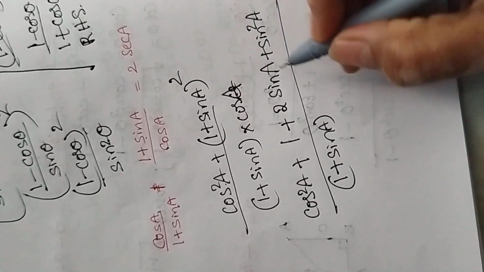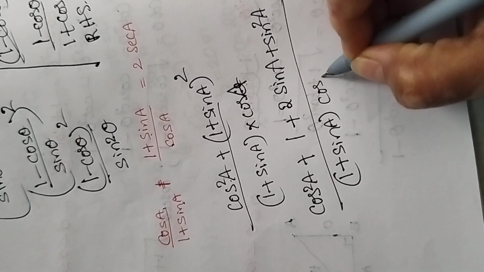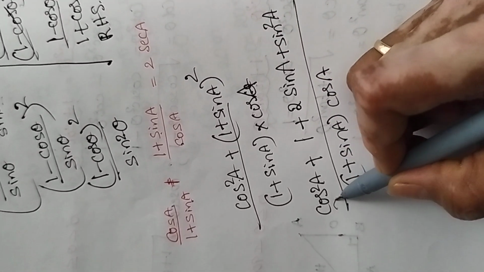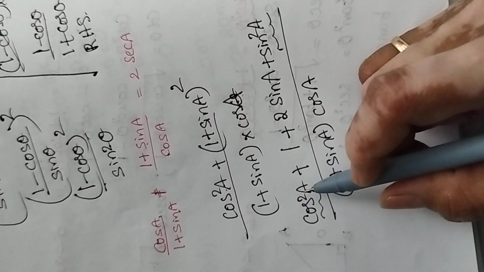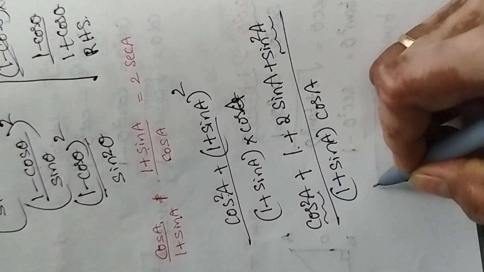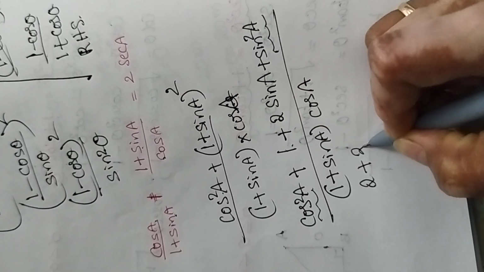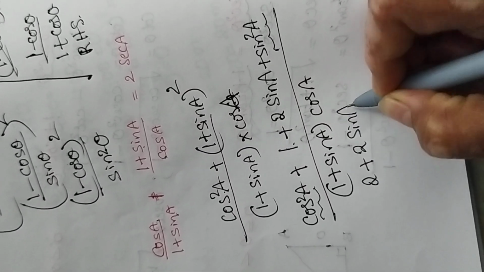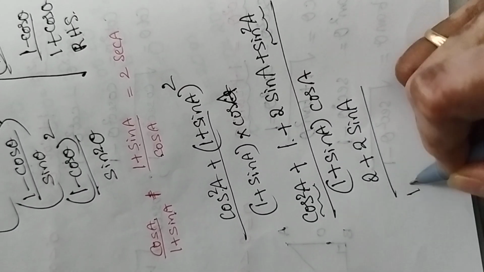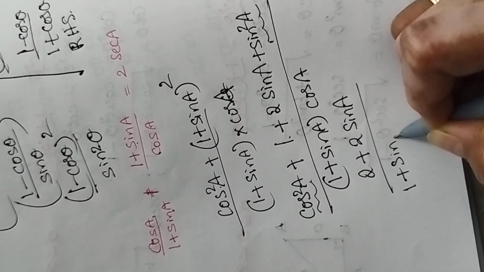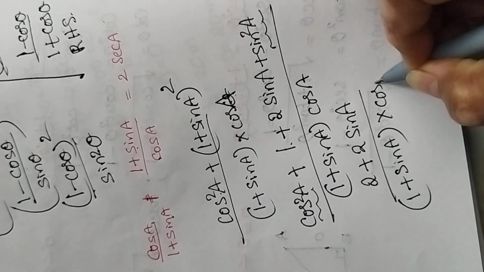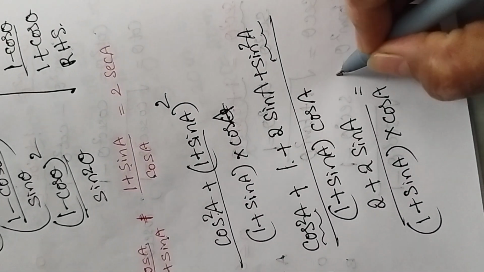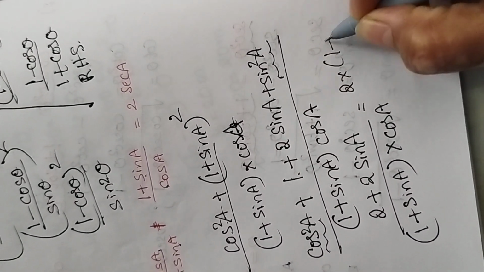Sorry, I wrote theta here, it should be a. Observe this one: cos square a plus sin square a is 1 by using the identity. So 1 plus 1, you will get 2, and the numerator is 2 plus 2 sin a. The denominator, write as it is. Next take 2 common, and you will get 1 plus sin a in the numerator.